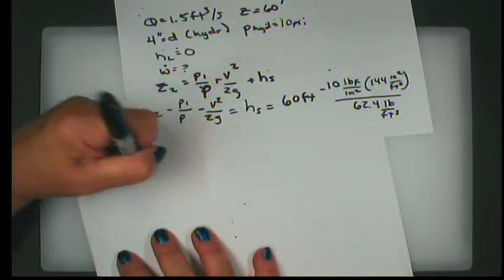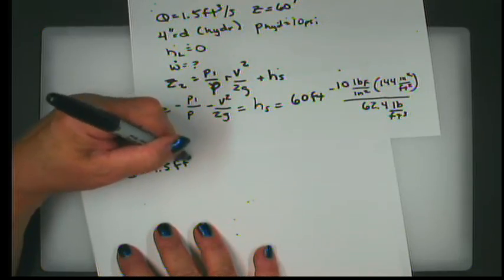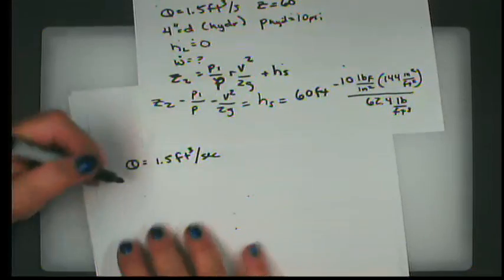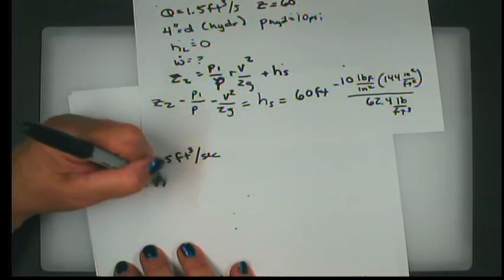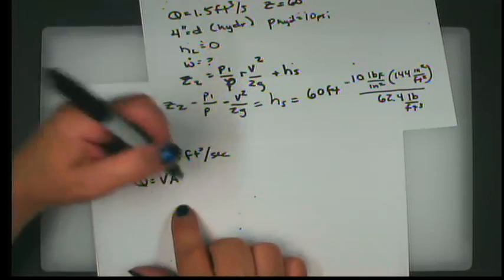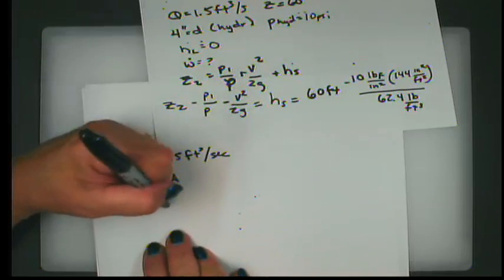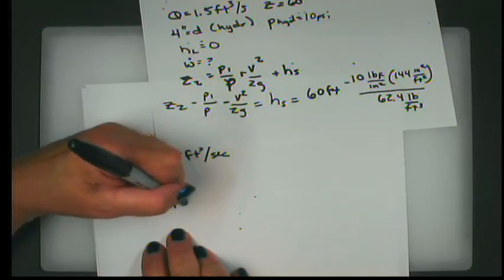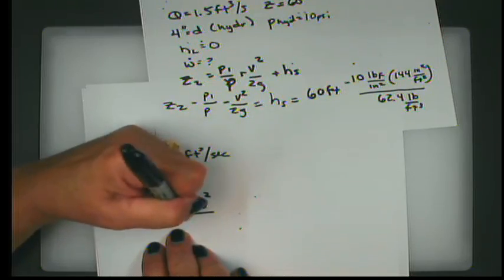We're given a Q, a flow rate. Q is equal to 1.5 cubic feet per second. We know that Q is equal to velocity times area, and we know that our area on the hydrant is 4-inch diameter. So the area is pi times d, 4 inches squared over 4.